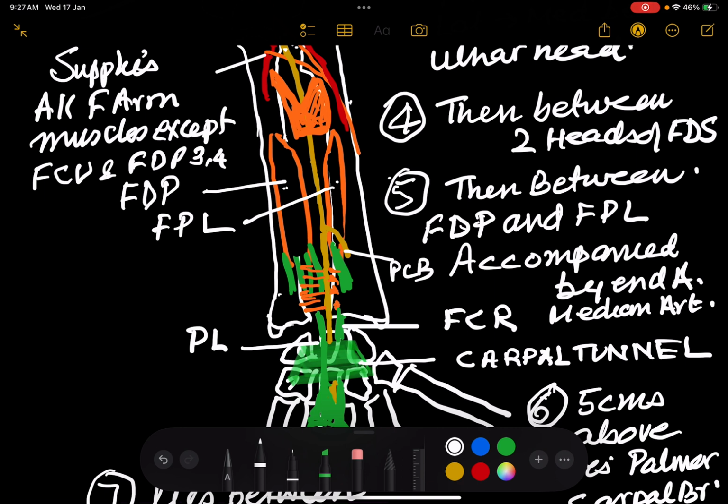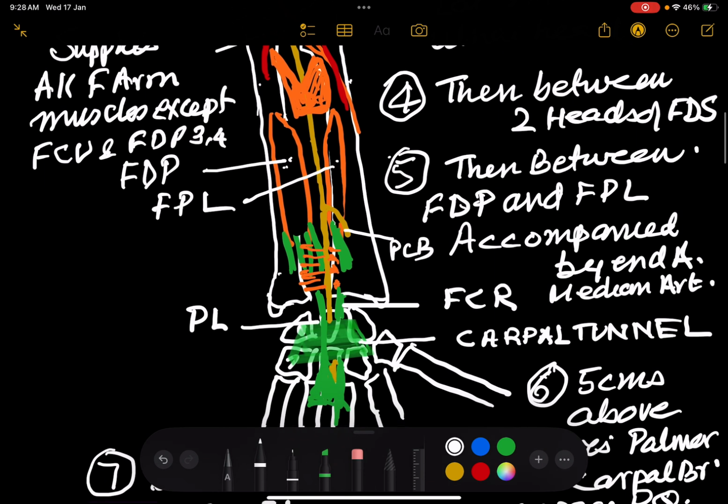Then it crosses the pronator quadratus. It supplies all the muscles of the forearm except the flexor carpi ulnaris and the third and fourth parts of the flexor digitorum profundus, which are supplied by the ulnar nerve.